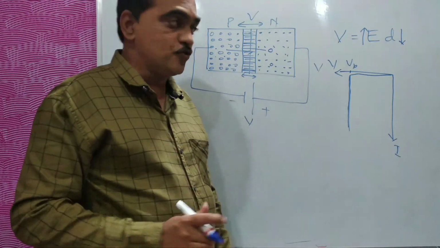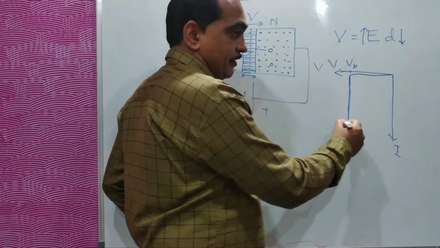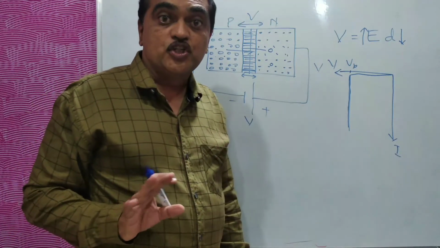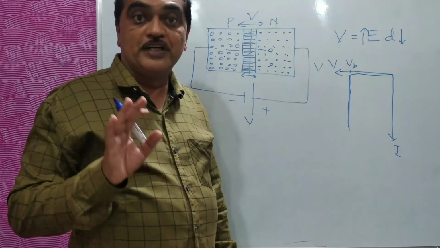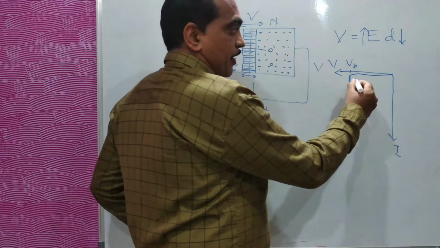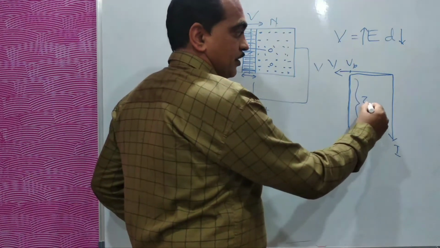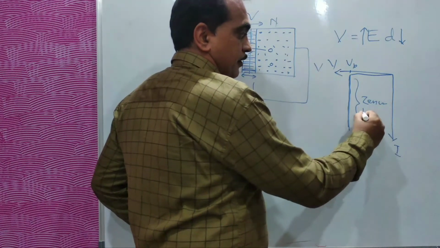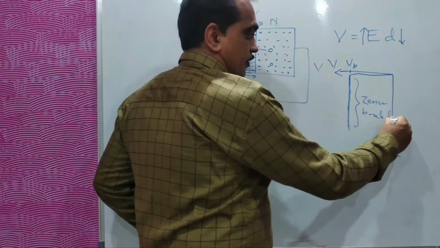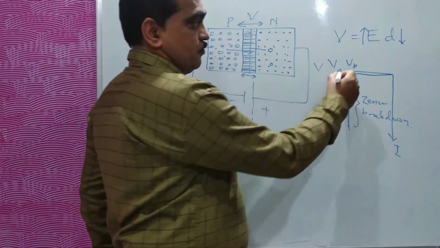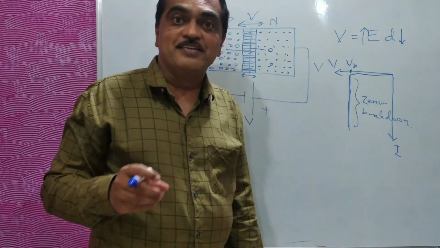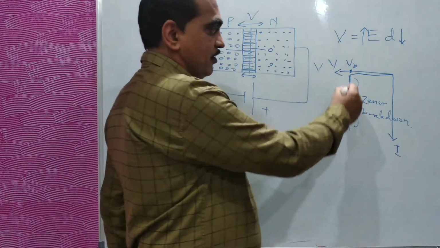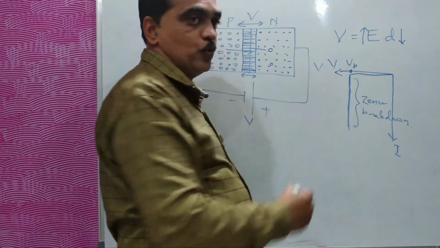There is no heat produced and no destruction of the device because this is Zener breakdown. Here the voltage is remaining constant at a certain level and current is increasing. Current can be increased or decreased at a certain voltage.